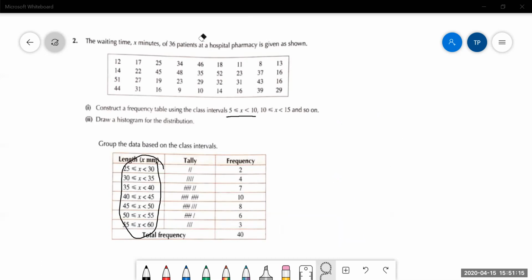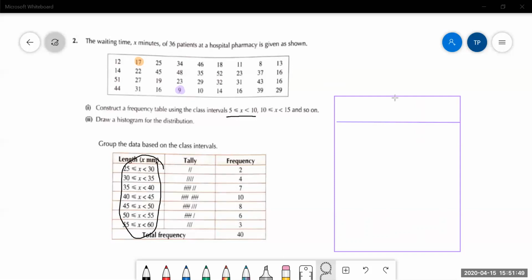Too scattered. Because if you take a look, how many 17s do we have? Only one, right? How many 9s do we have? Only one, right? So imagine if you were to plot the table.